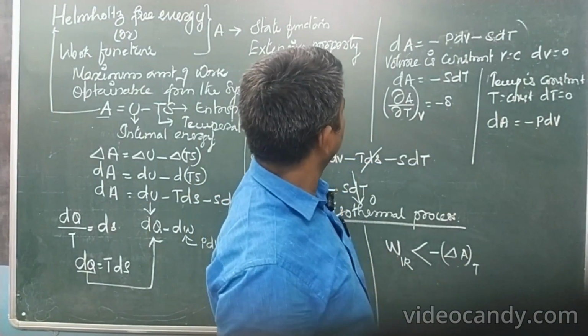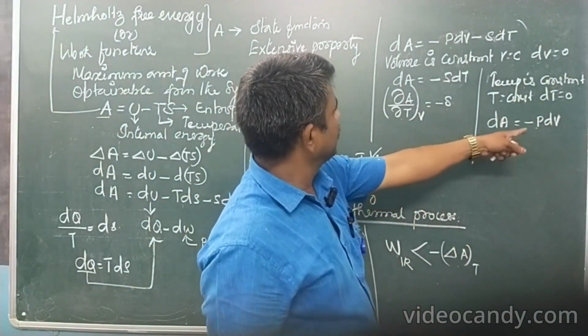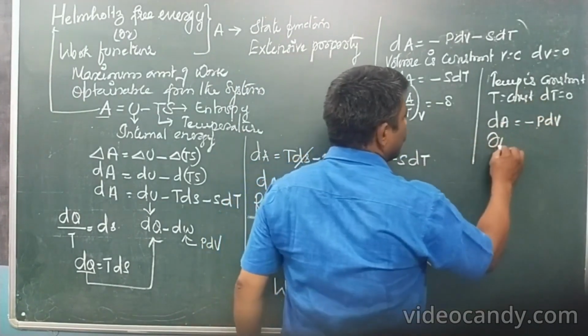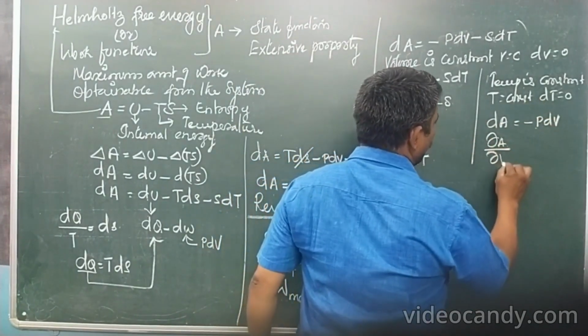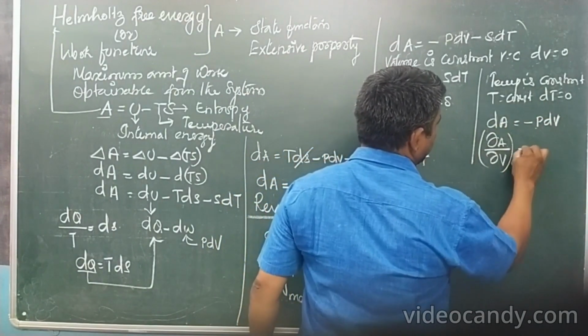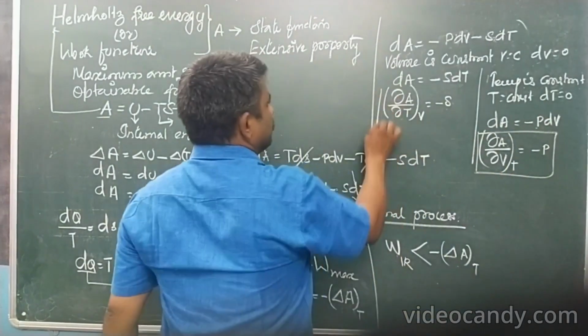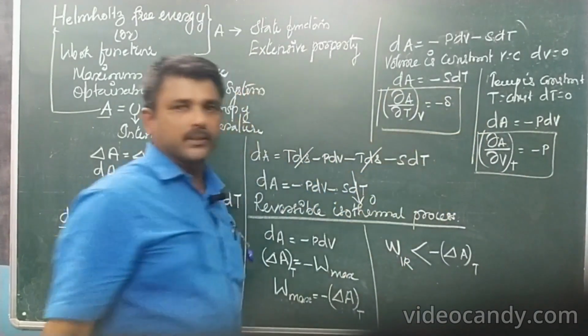Now I am going to differentiate this equation with respect to volume at constant temperature. So dou A divided by dou V at constant temperature is equal to minus P. Clear?